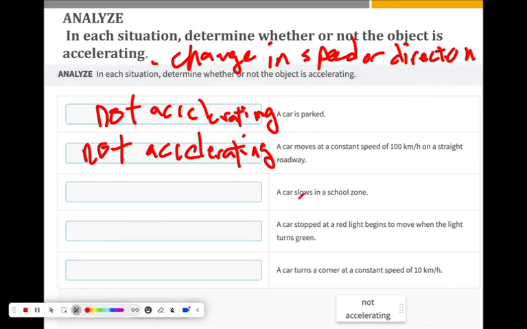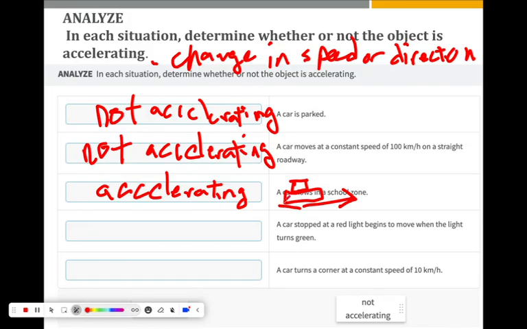A car slows down in a school zone. That is accelerating. It's accelerating in the negative direction if it's slowing down. So it might be going this way, motion that way, but it starts generating a force opposite to its motion. So you could say it's a negative acceleration.